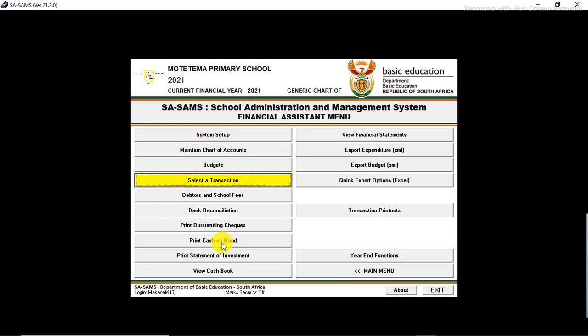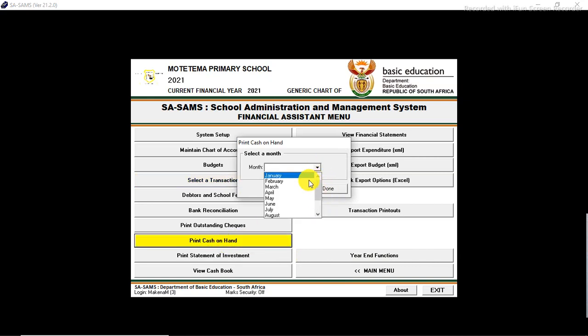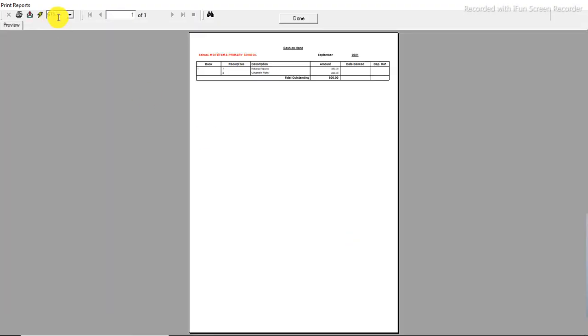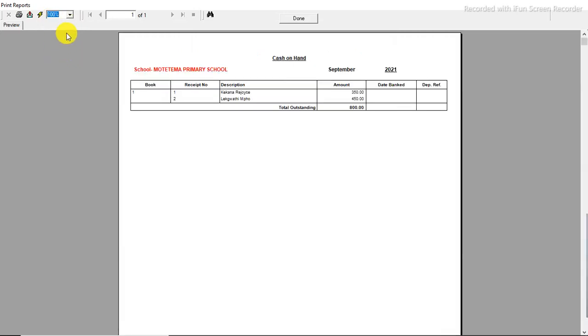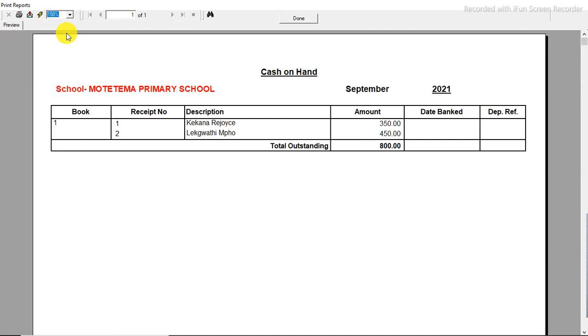The money you have at the school is print cash on hand. Let's check in the month of September, how much money do I have? Then it says, dear grade 7, you have 350 and 450 at your school. That is cash on hand.